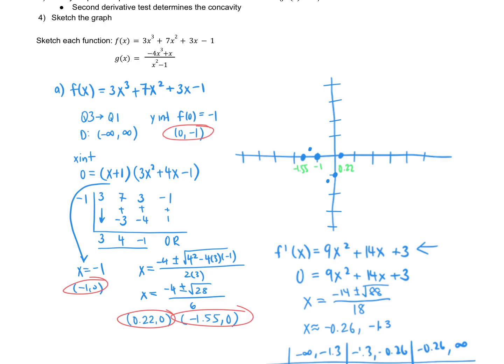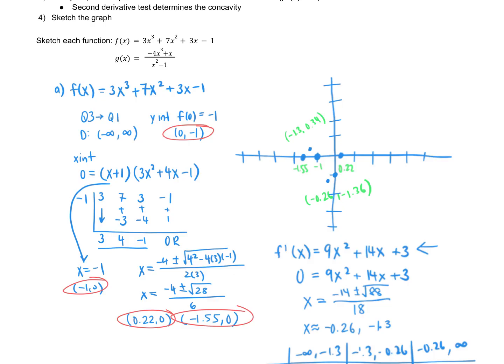And I'll just label the points. Negative 0.26, comma, negative 1.36.